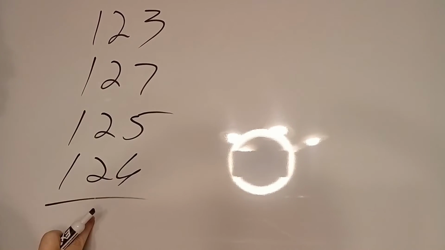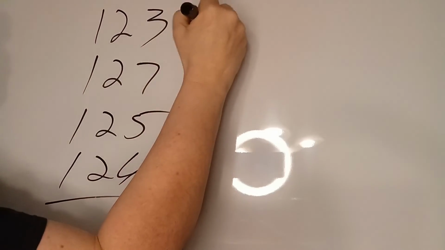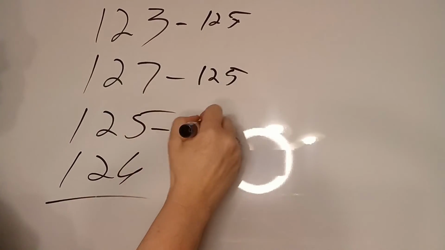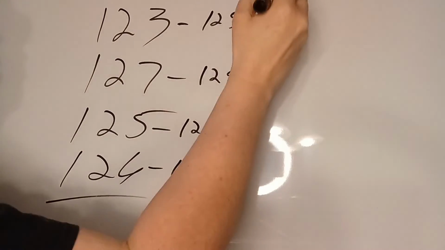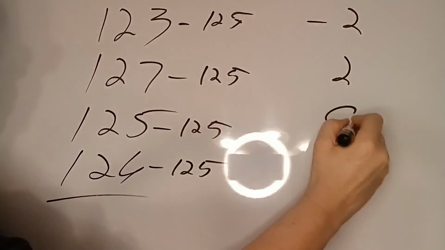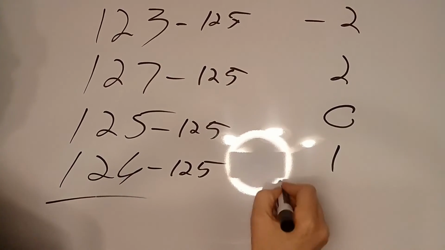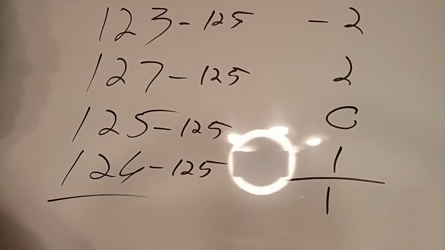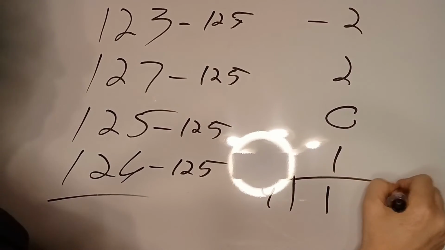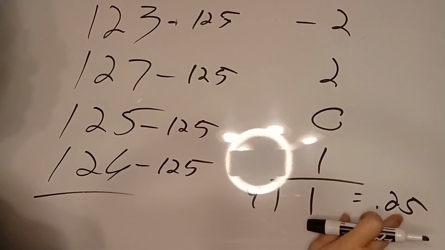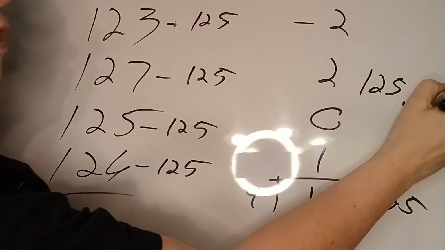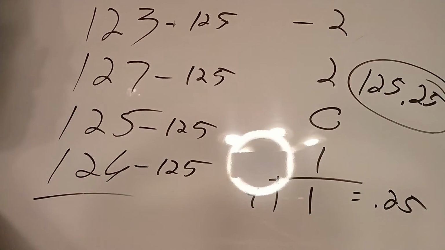In this case, let's take out 125. All right, we have minus 2, 2, 0, and 1. These add up to 1. Divide that 1 by 4, and we get 0.25. Add this 0.25 to the 125 we took out, 125.25, and that's our answer.